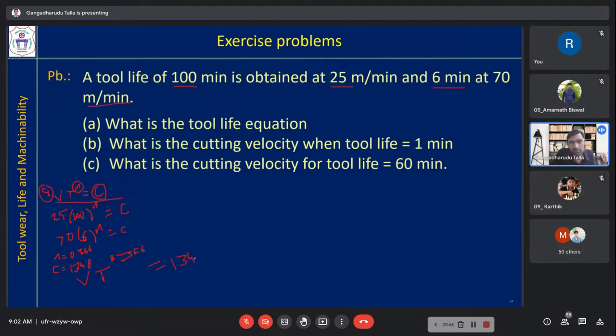That is the tool life equation. Now what is the cutting velocity when tool life is 1? You can find out very straightforwardly. V is 134.8, because T is 1, so it is directly 134.8.